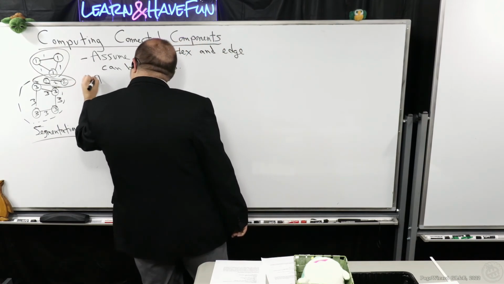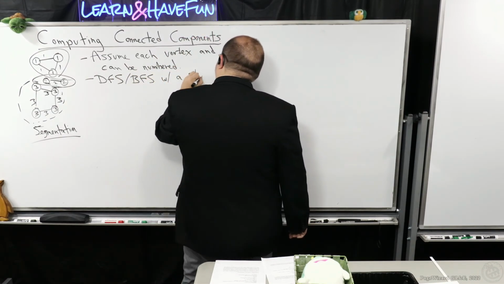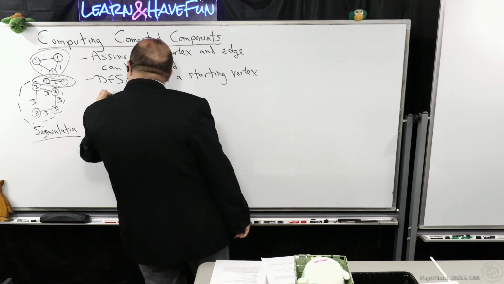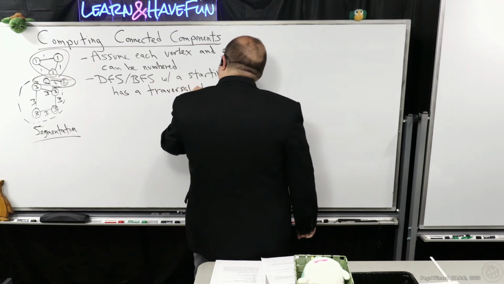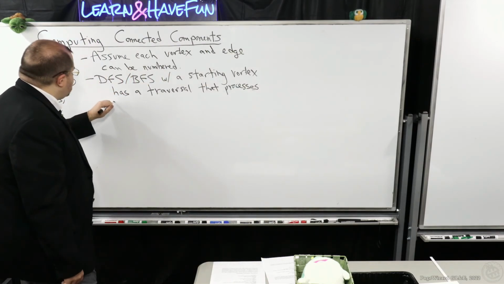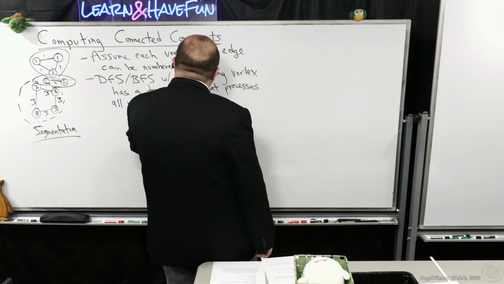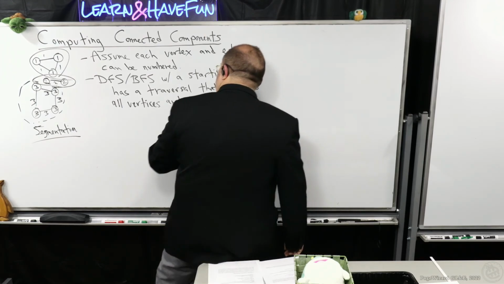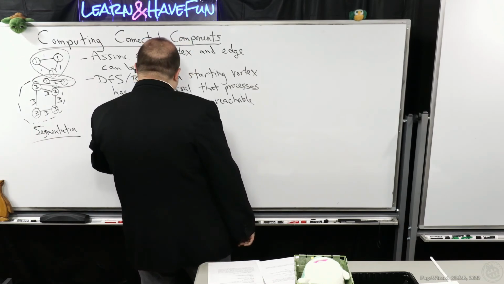And the next thing is that DFS and BFS with a starting vertex or source vertex has a traversal that processes all vertices and edges reachable from it, as in the starting vertex.